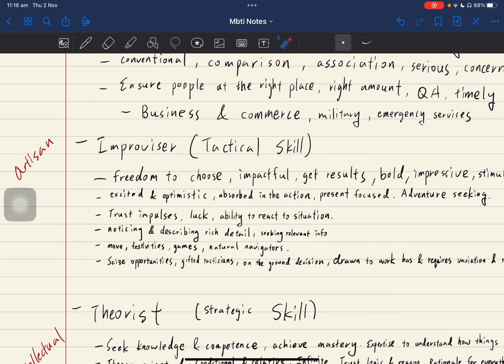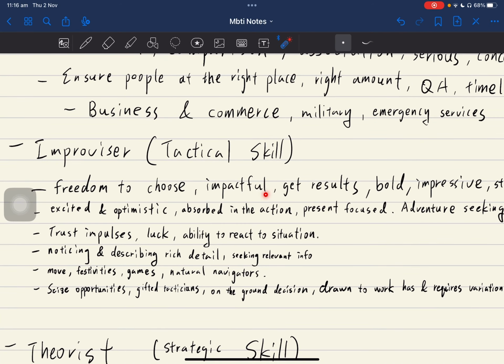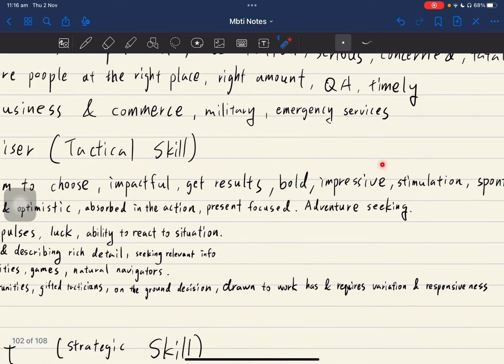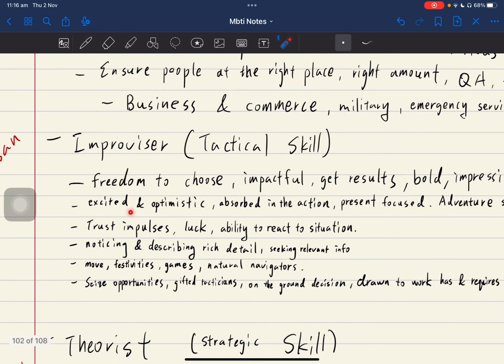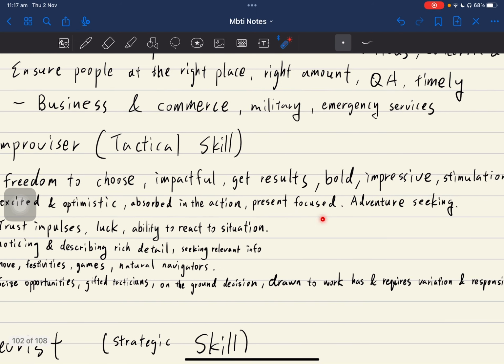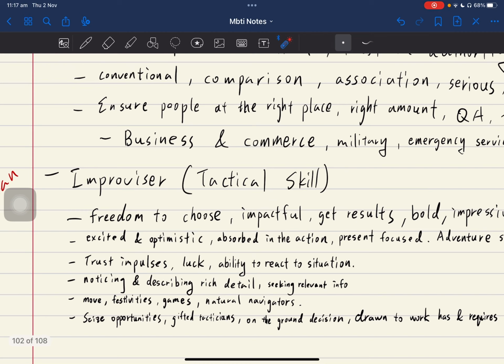They have good tactical skills, like the ground commanders, and they like to have freedom to choose what to do, and are impactful, get results, bold, impressive, stimulation, spontaneous, excited, optimistic, absorbed in action, present focused, the here and now, and adventure seeking, trusting impulse, luck, and the ability to react to situations. So yeah, they are the masters of improvisation.